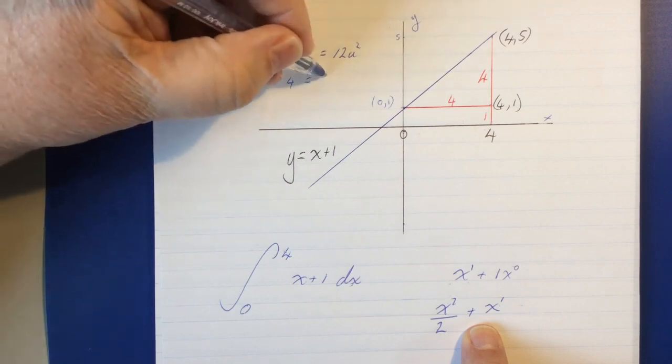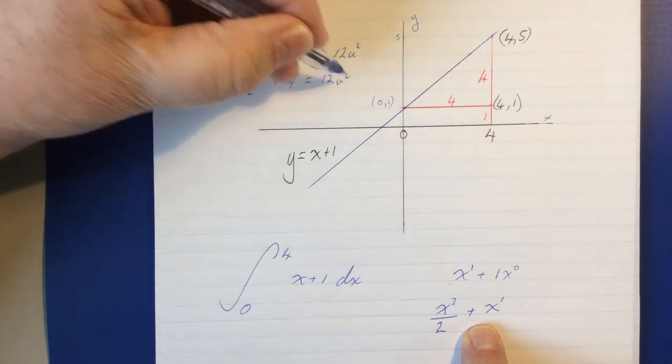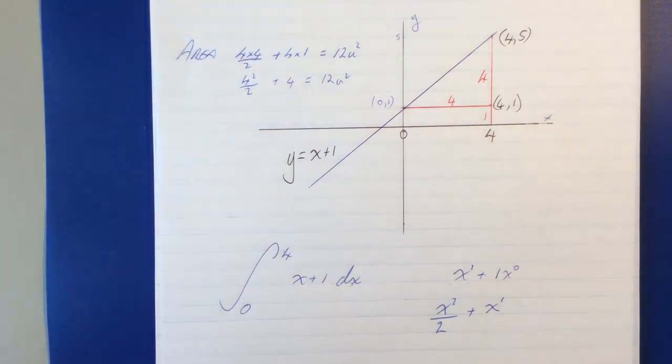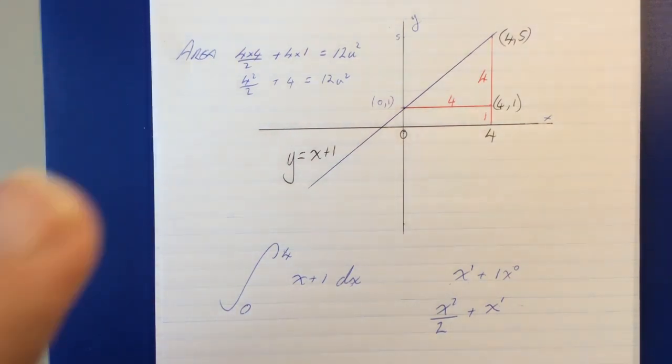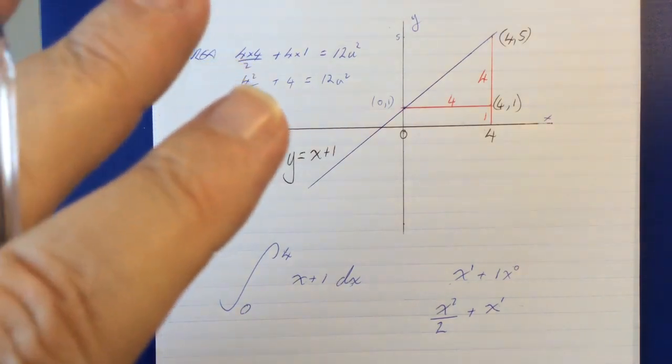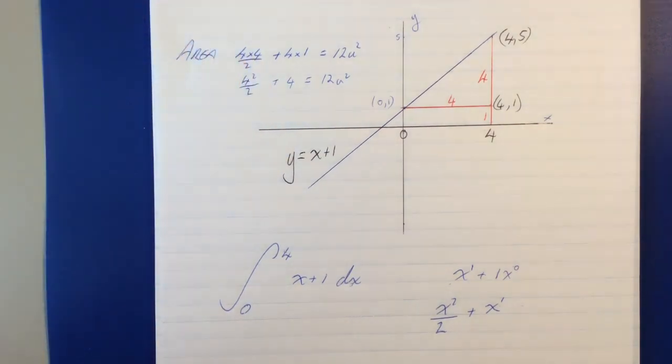And that equals 12 units squared. Isn't that fabulous? That is the wonder of mathematics. And that is hopefully an understandable and impractical example of how definite integrals work.